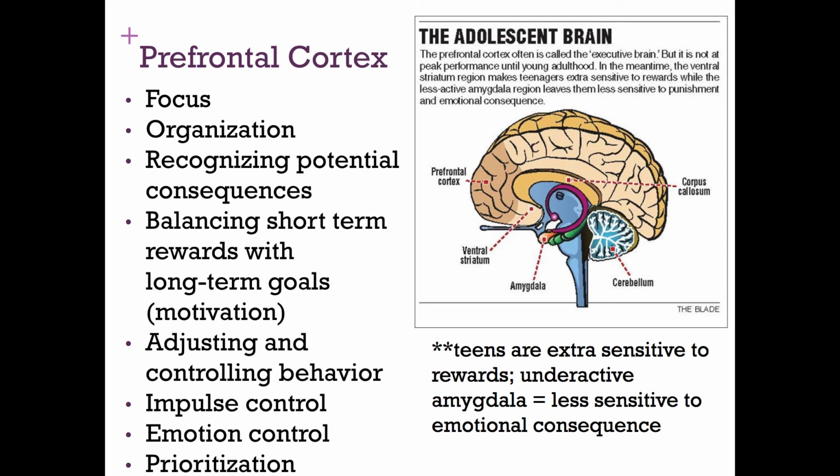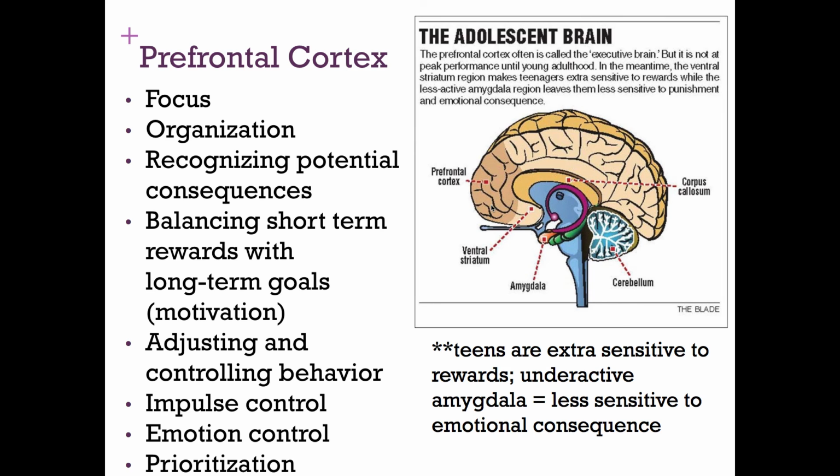The prefrontal cortex, we know, is where all of our planning, organization, impulse control, emotional control, and regulation happen, where we balance short-term rewards with long-term goals. It's where we weigh a lot of decisions that we have to make. We know that as teenagers, your prefrontal cortex is underdeveloped.